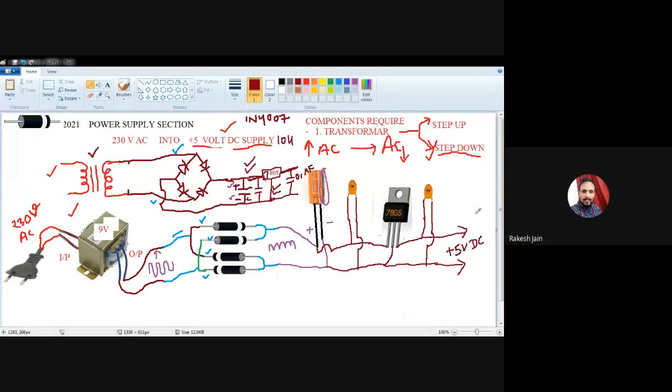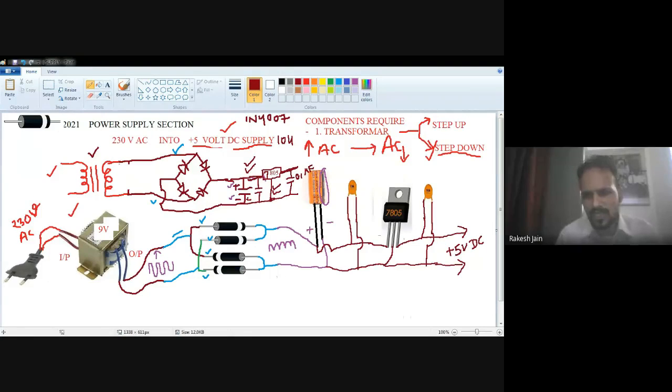If you connect a mobile charger pin over there, I just come with a charging cable image. The mobile charging cable looks like this one.